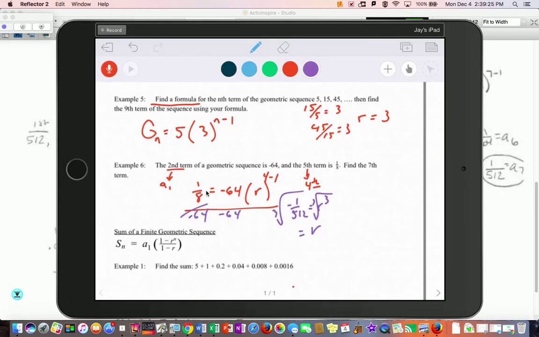So over here, I divided by negative 64, and I got this is equal to r cubed, and then I cube root both sides, and I get negative 1/8. So then it says find the seventh term, so then I would do g sub 7 is, now this is where it gets a little bit weird, I guess.